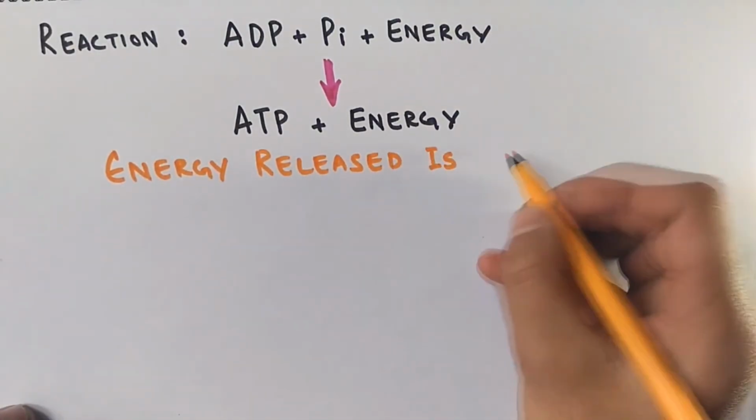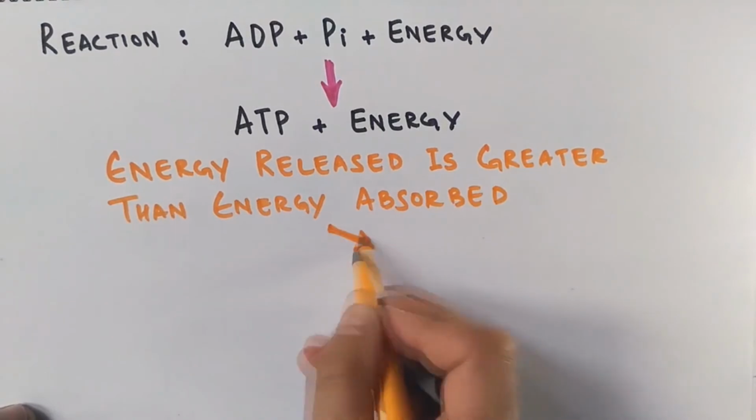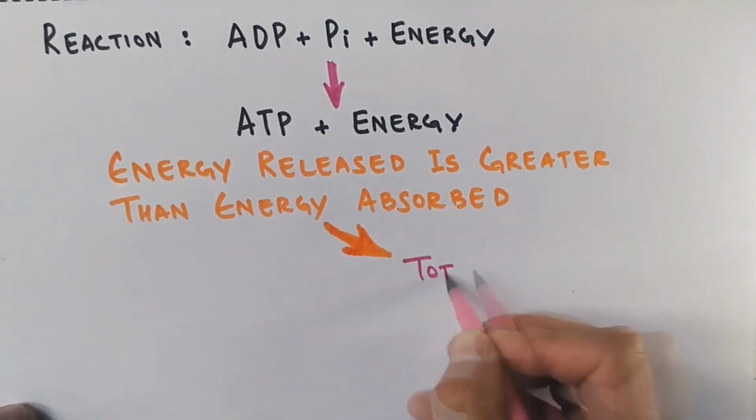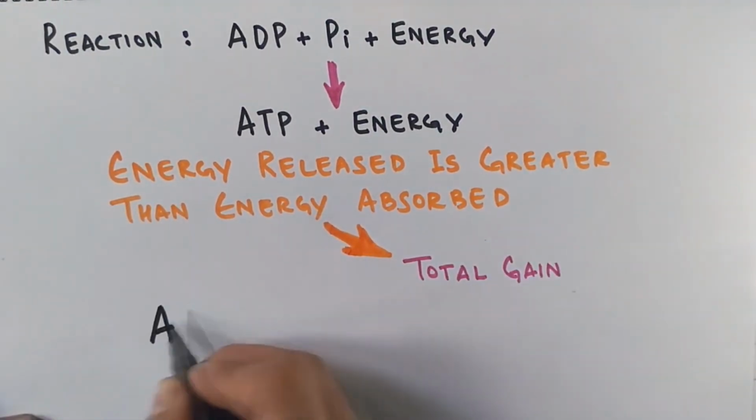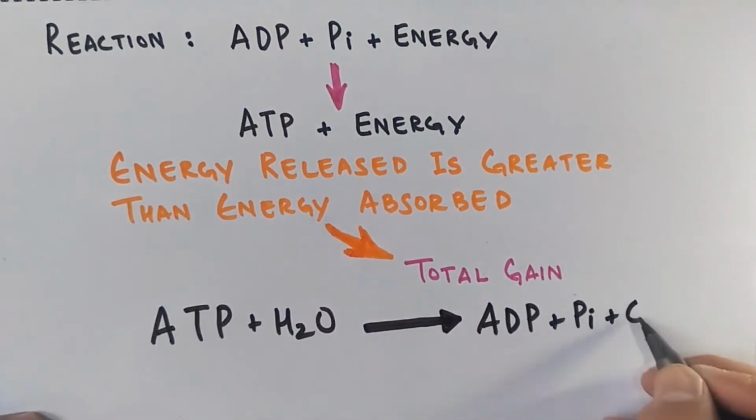Take note that the energy released is greater than the energy absorbed in the ATP ADP cycle. So through that never-ending process, the cell can harness the energy that is required for it to function. That is the importance, purpose, and function of the ATP and ADP cycle.